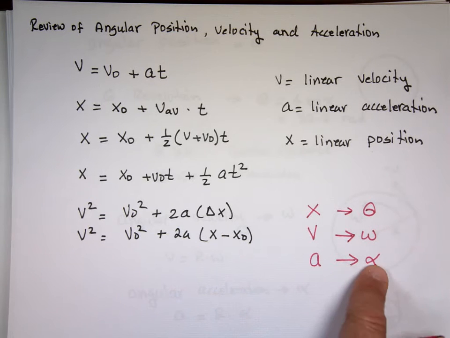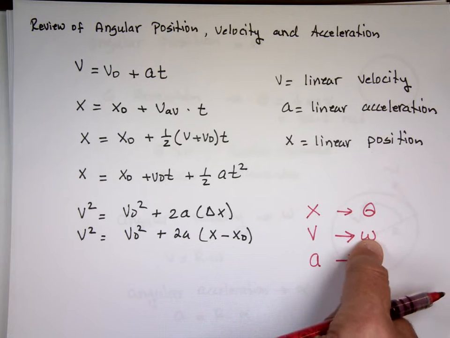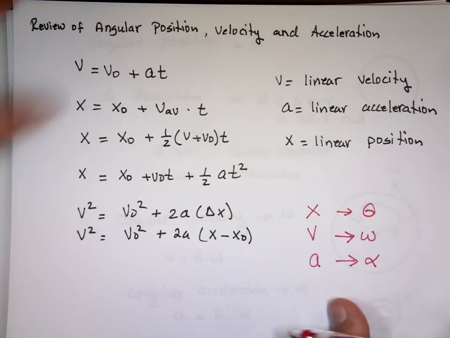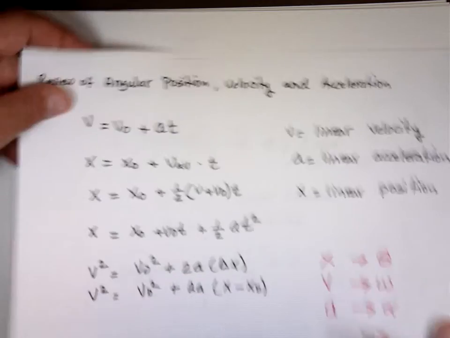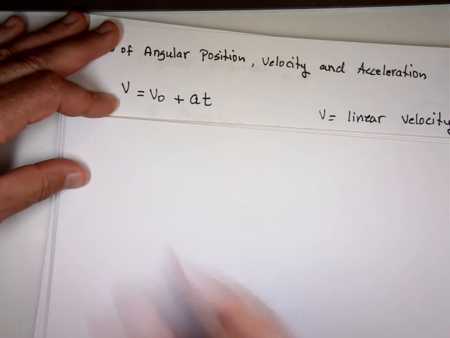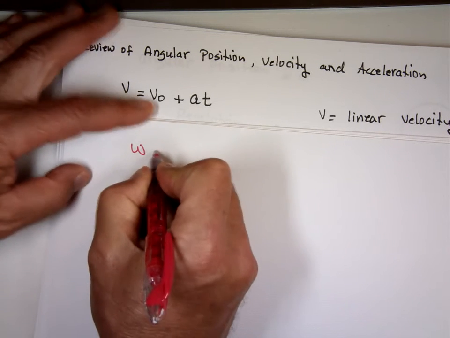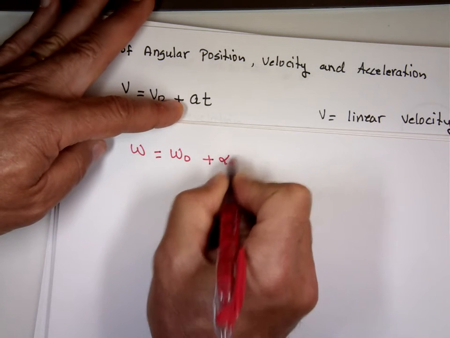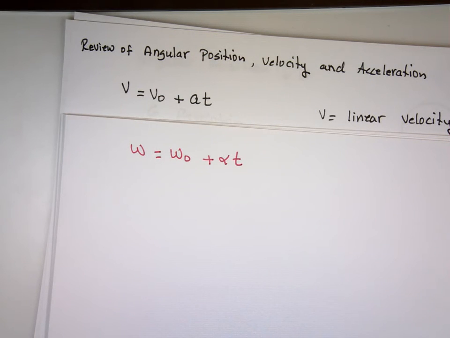Angular acceleration, angular speed, angular displacement or position. And if I do that, look at the first equation. Replace v with w, replace v with w again, a with alpha. That becomes one of the equations.